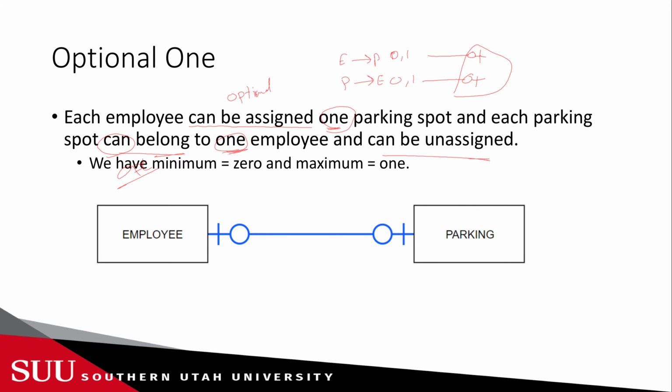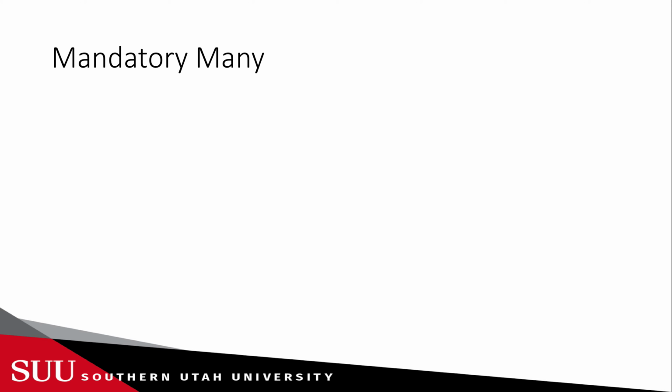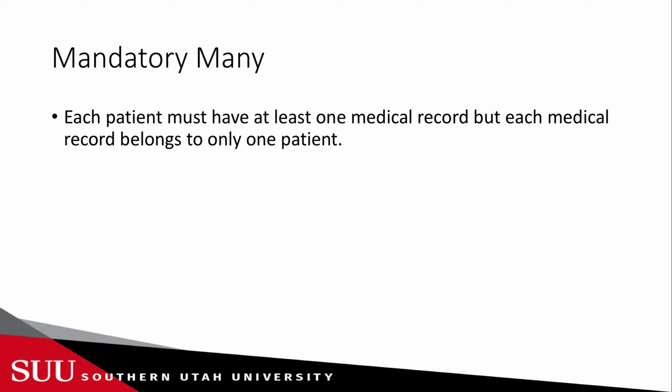Let's look at some more examples. What about mandatory many? Let's look at this one. Each patient must have at least one medical record. So if I say at least one, that means mandatory one, which is my minimum.